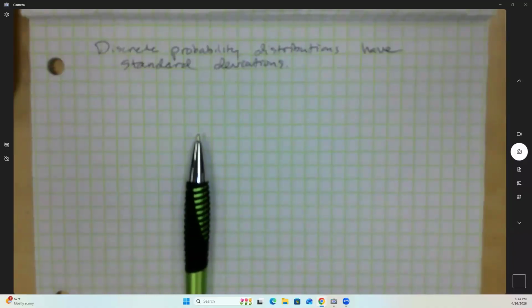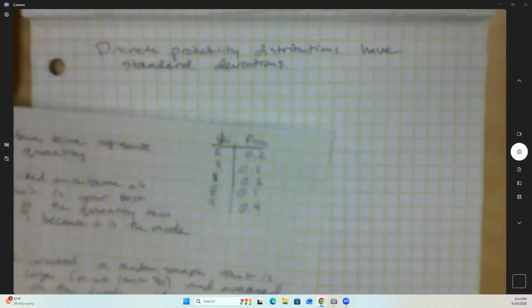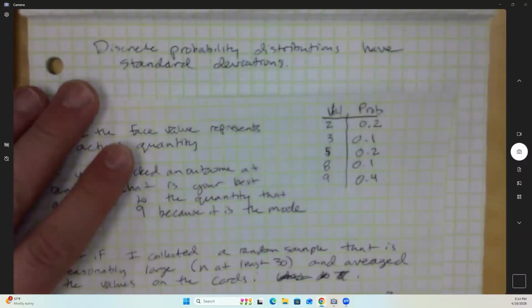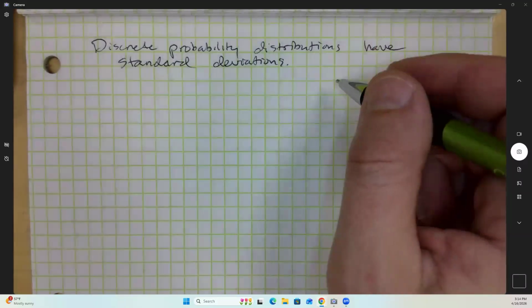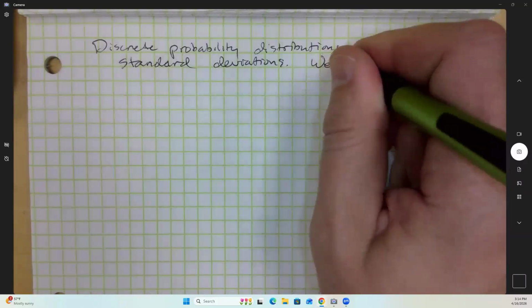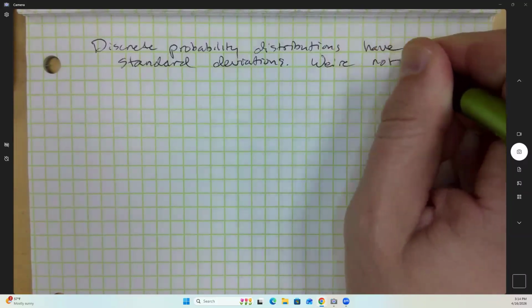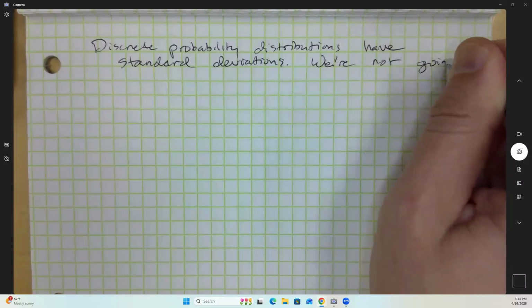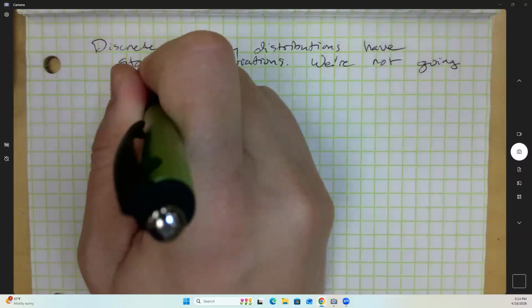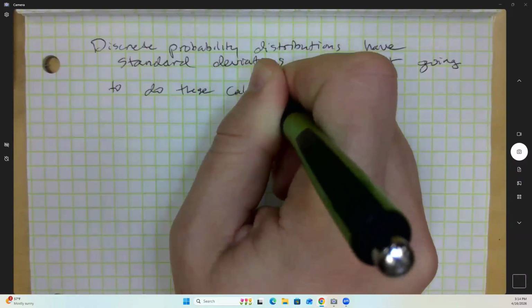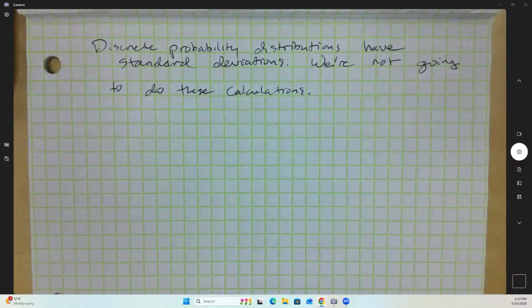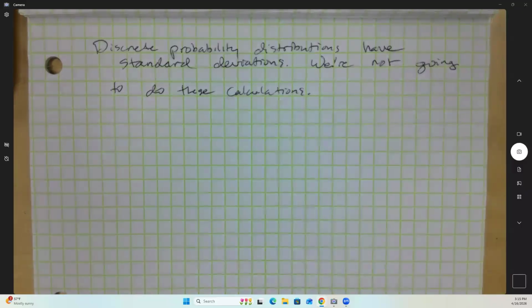Calculating them is possible through a hand calculation, but we're not going to do these calculations in this class.